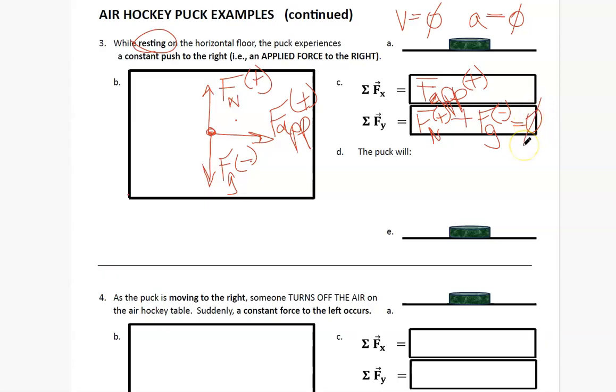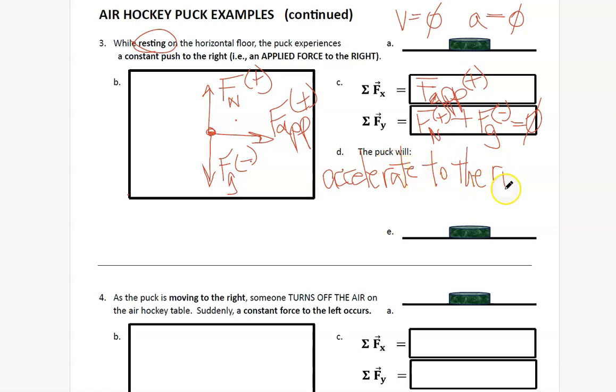So we know that the vertical forces add up to 0. So our vertical forces have a net force of 0, but for our horizontal force, there is a net force. So there will be a net acceleration in the same direction. So the puck will in fact accelerate to the right because that's the direction of the net force.